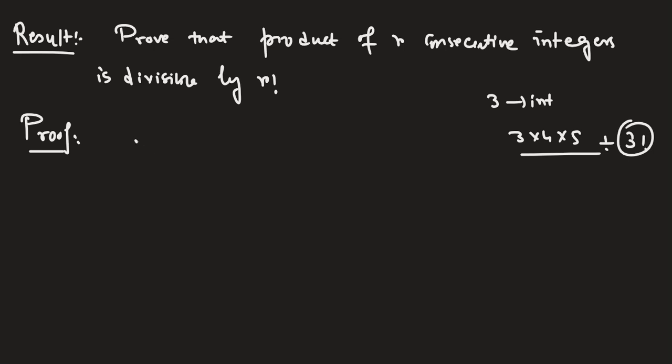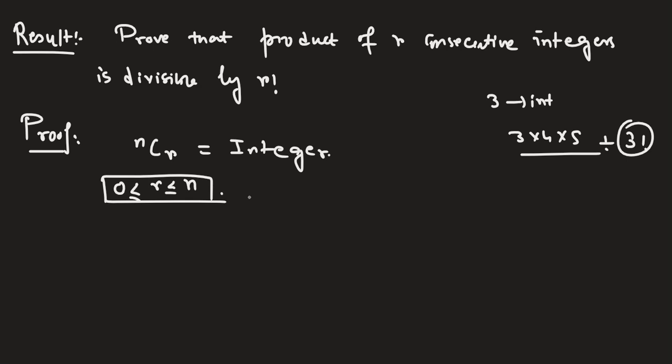Now all of you know that nCr is an integer where it is defined. So what we are taking, r is lesser than or equal to n and r is greater than or equal to 0. This is the restriction where r and n both are integers. Restriction one, n belongs to natural numbers.